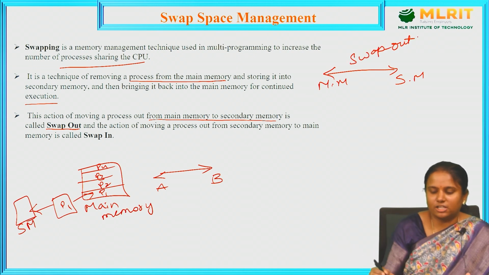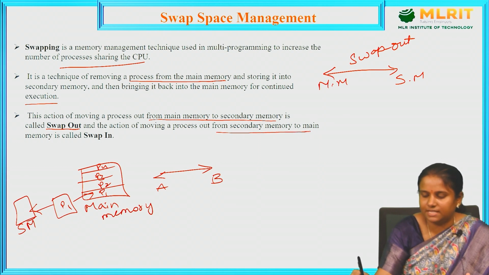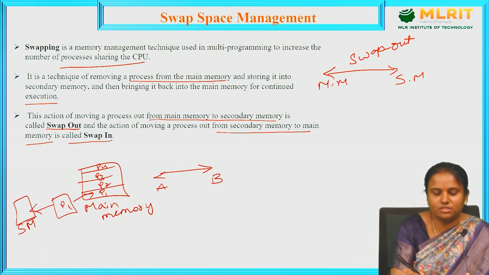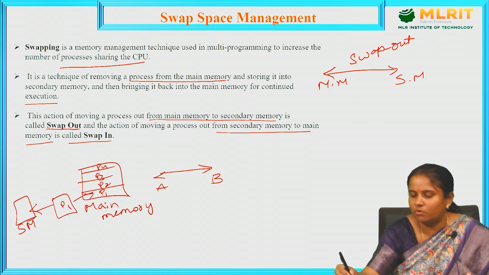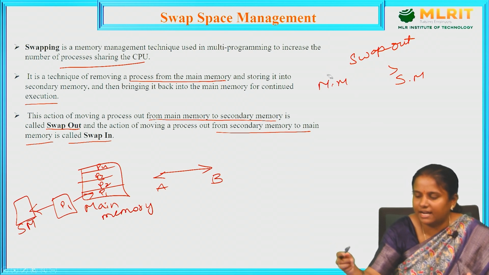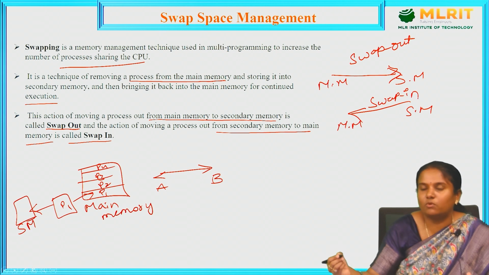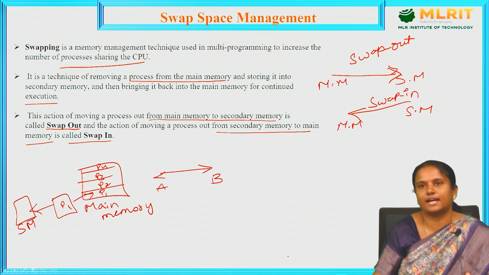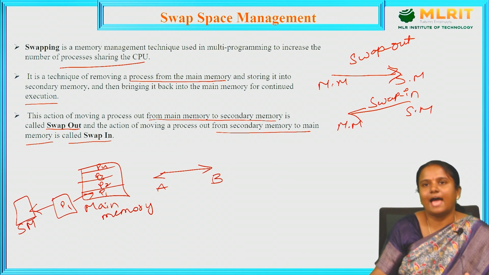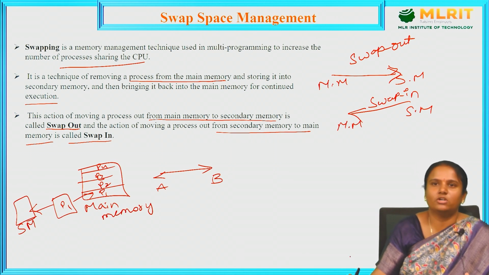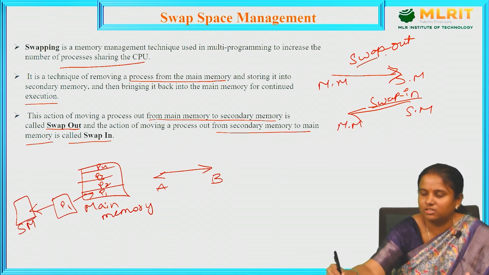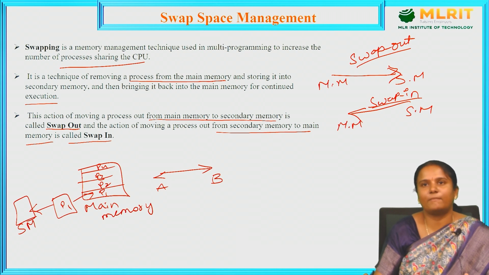Next, the action of moving a process from secondary memory to main memory is known as swap in. So, moving from main memory to secondary memory is swap out, and moving from secondary memory to main memory is swap in. That is the difference between swap out and swap in.